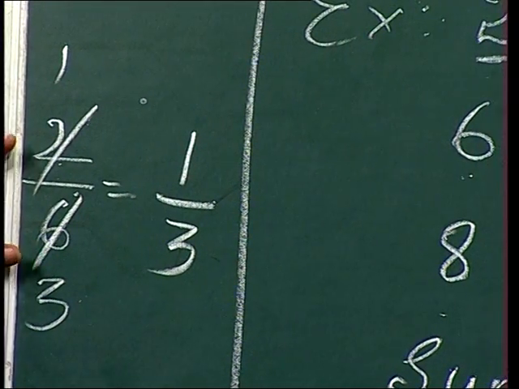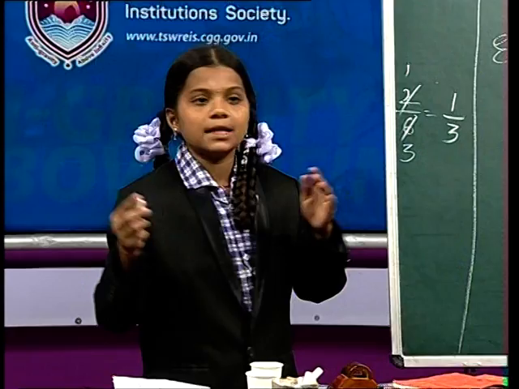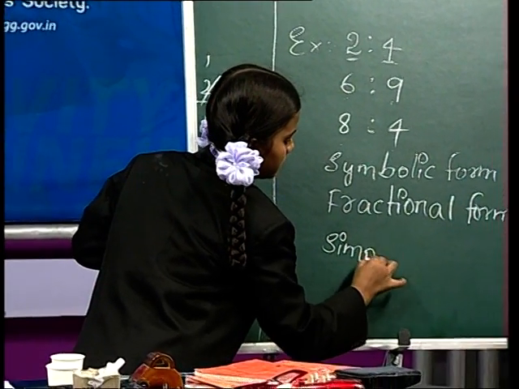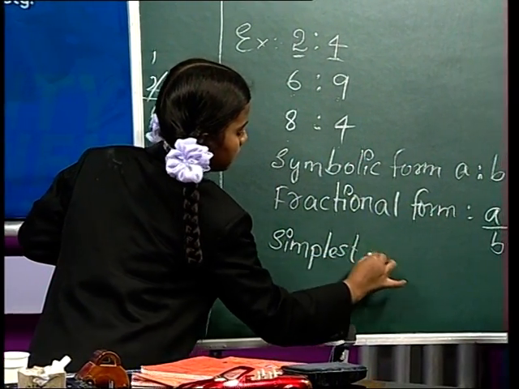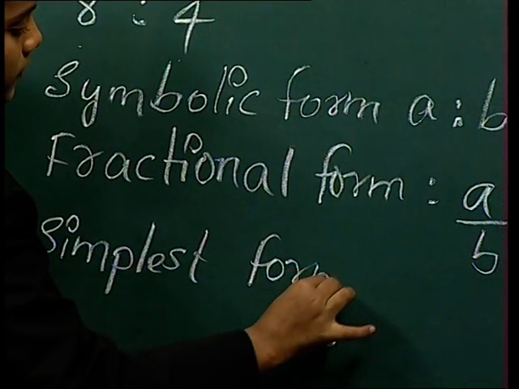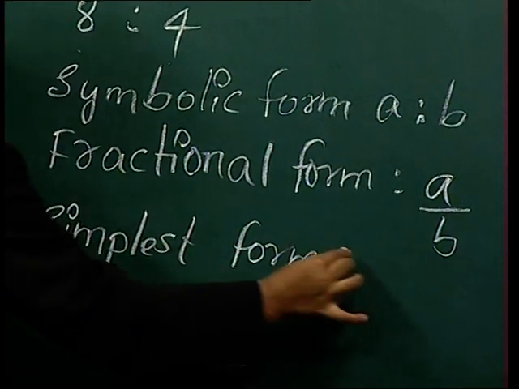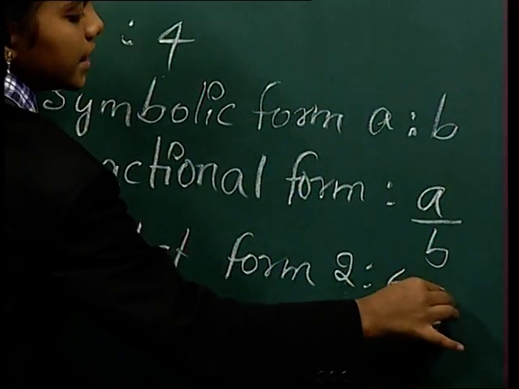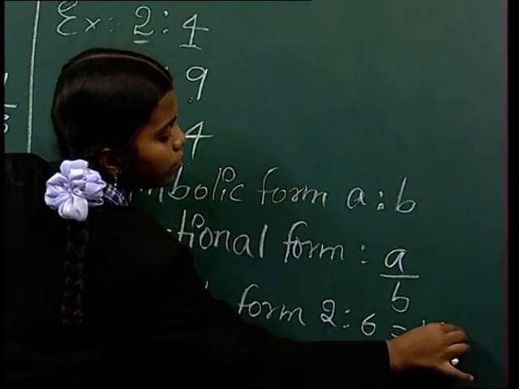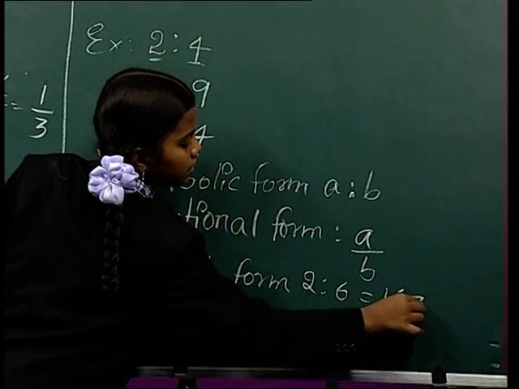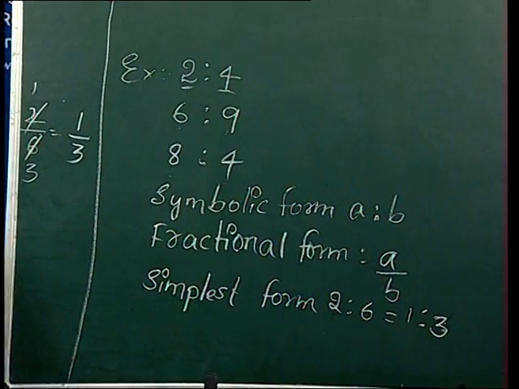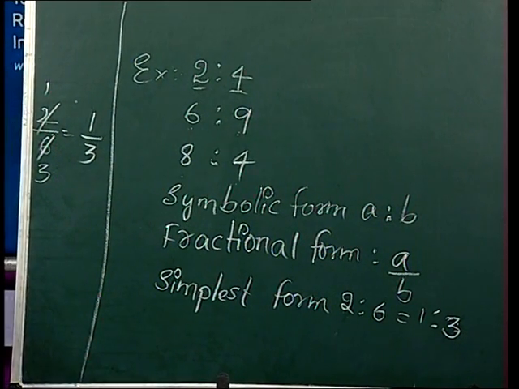So the simplest form here, like that, in simplest form, 2 is to 4, 2 is to 6 is 1 is to 3. The simplest form of 2 is to 6 is equal to 1 is to 3.